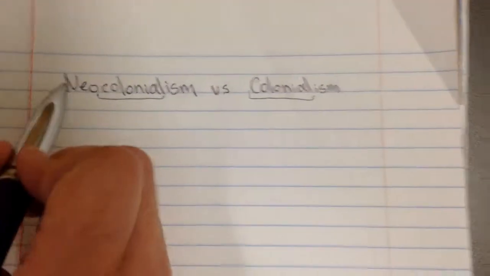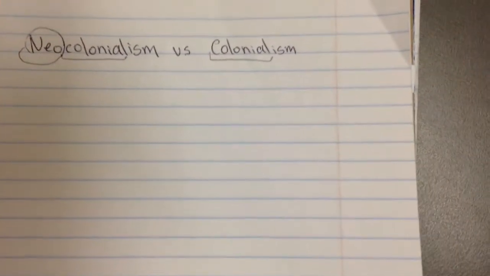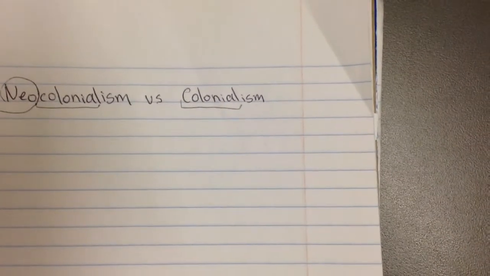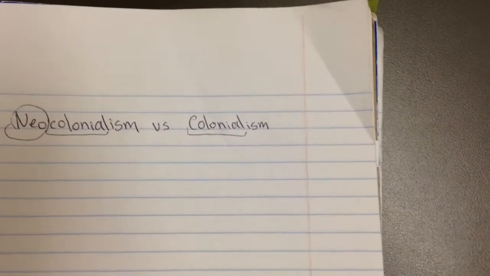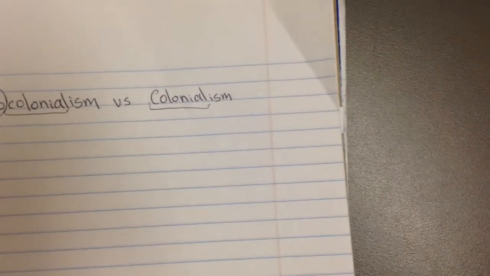The only difference would be the neo part, which means new or abnormal, and neocolonialism means a nation, a stronger nation, taking power over a smaller nation, or just taking land due to economic and or political bonds. Usually an independent nation or a stronger nation would be the one taking it from a weaker nation.